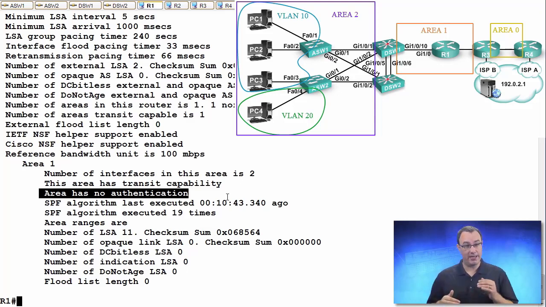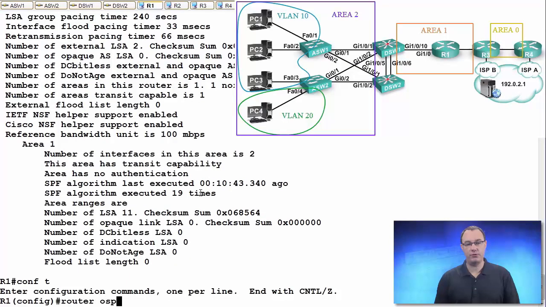They went to interface-level authentication. The problem is this legacy, proprietary, very confusing way of setting up authentication still exists. So first off, this doesn't have any bearing on whether or not interfaces have been individually configured for authentication. What it has to do is this.